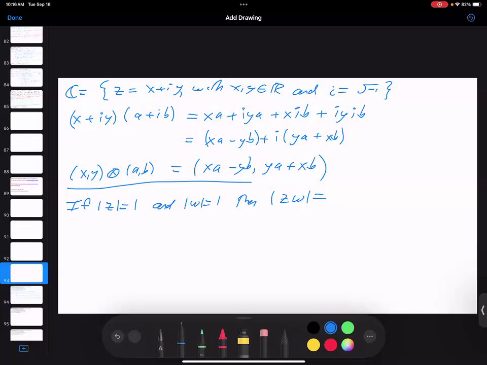What's true about the magnitude of that number? One. It's also 1. And this is why it's closed. It's coming from inheriting that if I take two complex numbers of absolute value 1, their product also has absolute value 1.